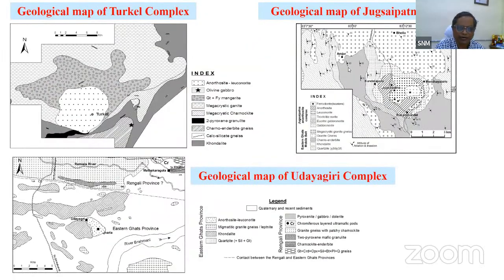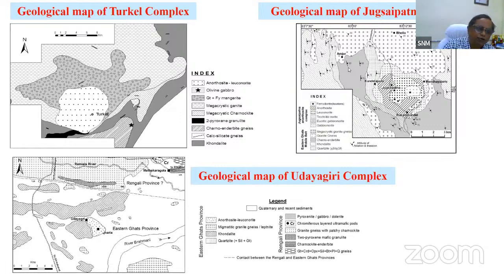Some of our works: we have worked in the Turkel complex, Jugsai Patna complex, and Udayagiri complex. And previously, our predecessors have worked in the Bolangir as well as Chilika Lake. I'm not going into their details, but these are the geological maps that we have mapped, me, my co-authors and my co-workers, under the supervision of our Jayananda sir.